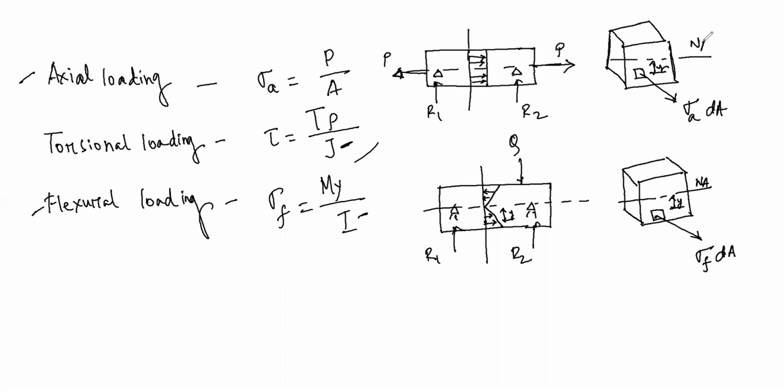So this is your neutral axis. So this is the force. This is axial tension. So in case of mixing both of these, the combined stress, how is it going to work? This one is going to work like this.